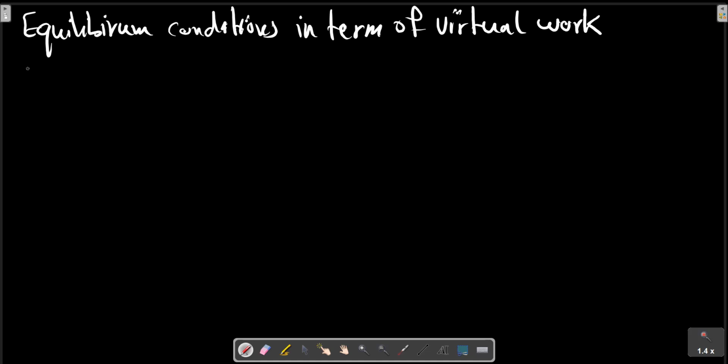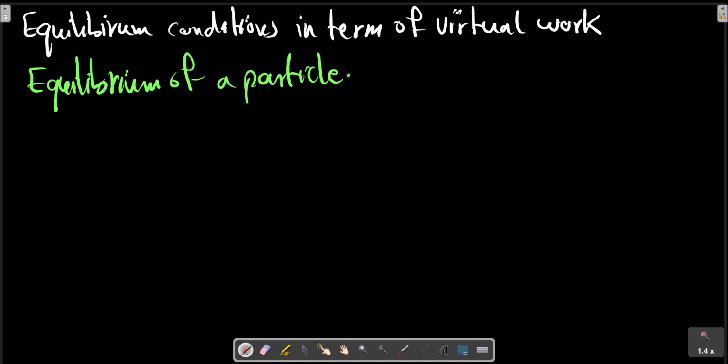At first, equilibrium of a particle. Consider the particle or a small body as shown in the picture here.